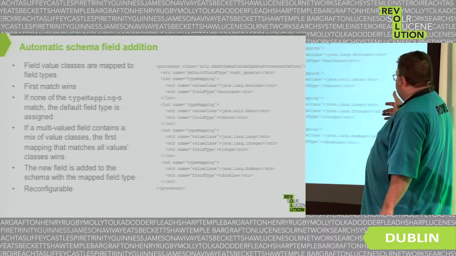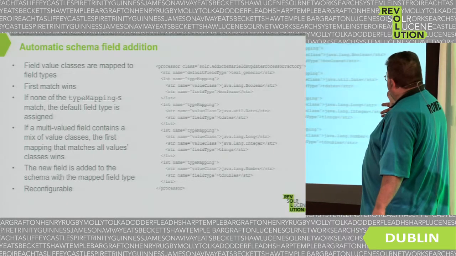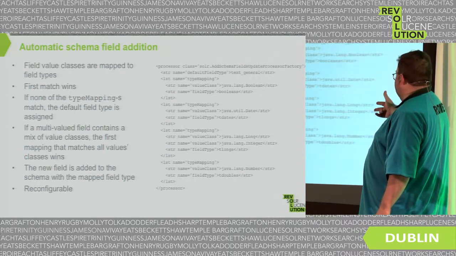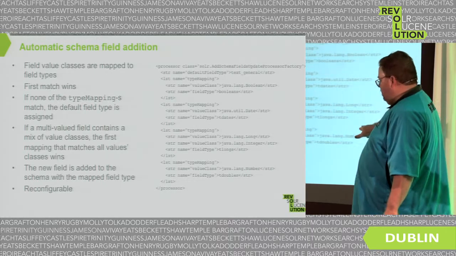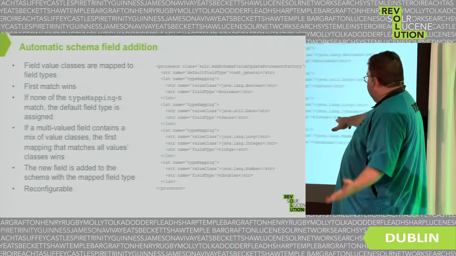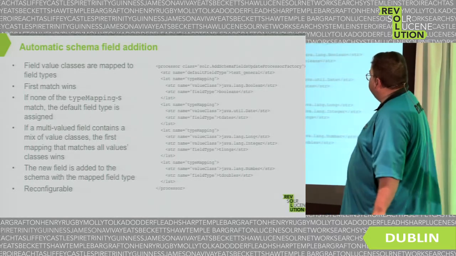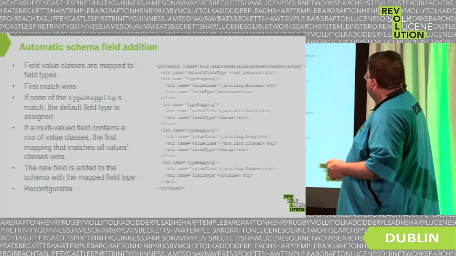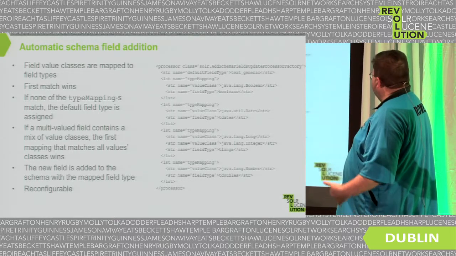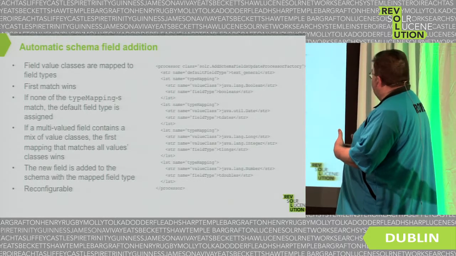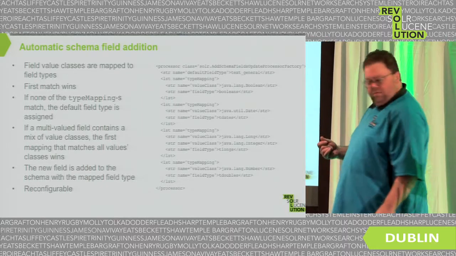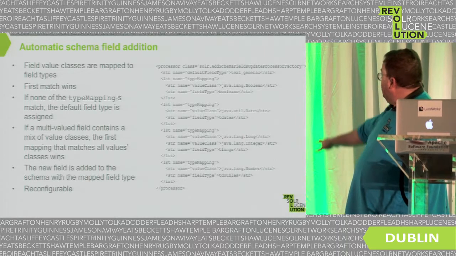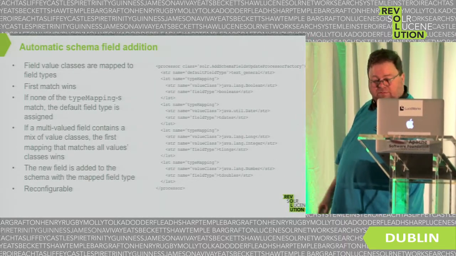So in this case, if a field has multiple values and arrives at this point, one of them integer and the other one long, then that field will be created in the schema as this t-longs field type. As I say here, this is reconfigurable. If you decide that you don't want to use dates, or you have other field types that you want to map these things to, this configuration can be modified.